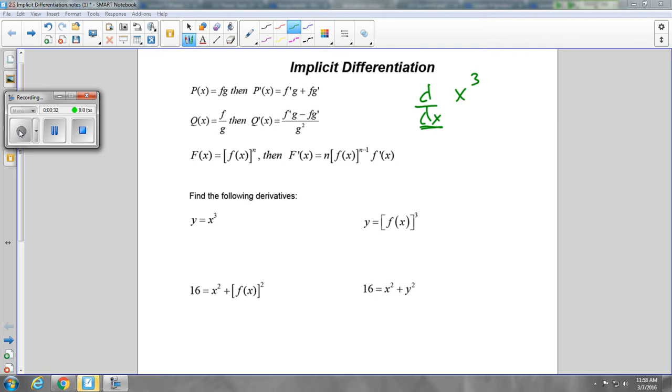That's kind of what we've been doing with our product rule, our quotient rule, and then our chain rule. So if we go on down, let's do a couple of these. If I said what is dy/dx of this, that would just be 3x squared, right? We've done that over and over again.